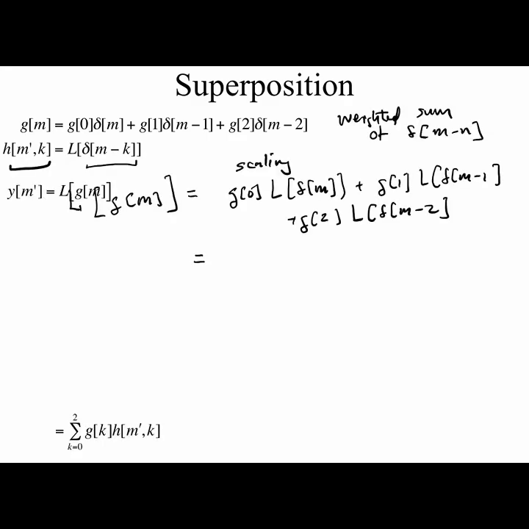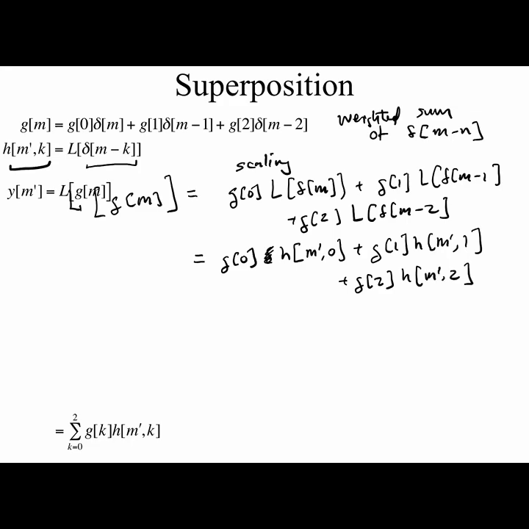So basically, each of these is g sub 0 times the response, h of m prime 0, plus g sub 1 h of m prime 1 plus g sub 2 h of m prime 2.